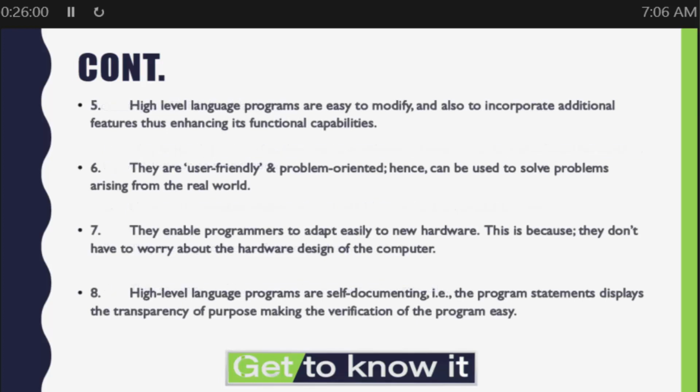Another advantage is that it is easy to modify and also to incorporate additional features that enhance its functional capabilities. Unlike low-level languages, where when you want to revise the program you have to rewrite the whole program again, these are developed in such a way that you can easily modify them and incorporate features that you may want in future.